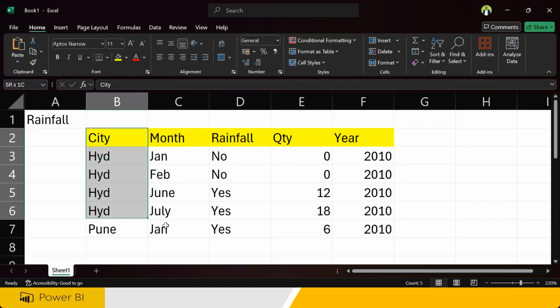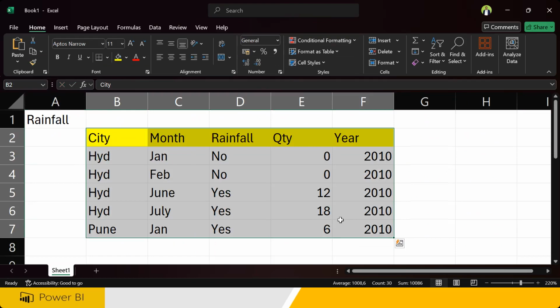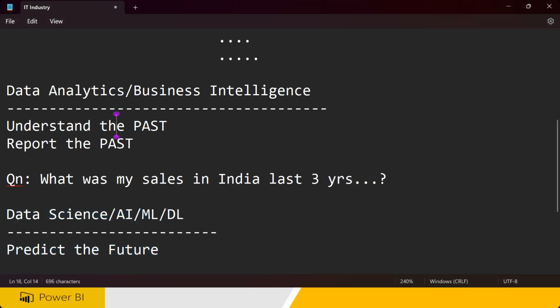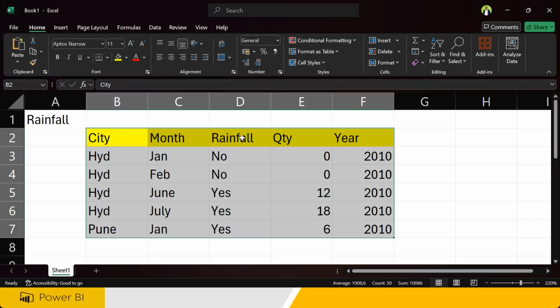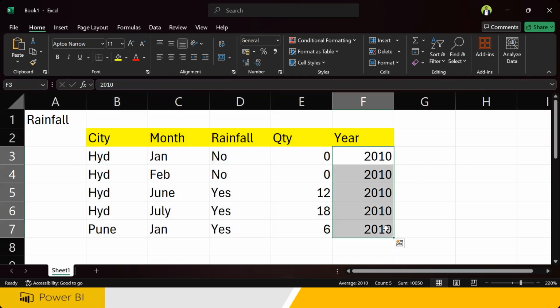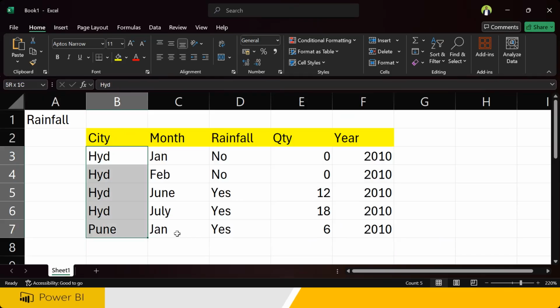Now, using this data, two people will ask you different questions. This guy will ask you, what was the total rainfall in Pune in 2010? Clear? So what was the total rainfall in Pune in 2010? That is the question, because it is historical data, and 2010 means it is old data.